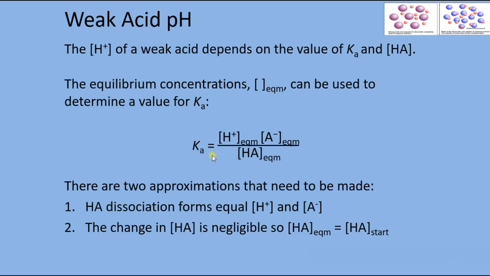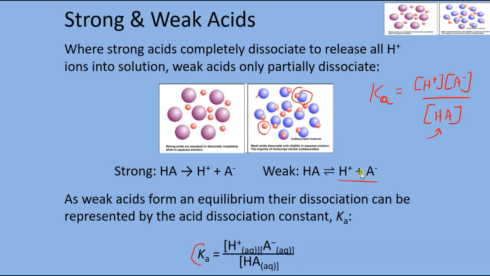Okay, this is an approximation. When we write it like this for a weak acid, we consider the HA at equilibrium. This is the equilibrium concentration of HA, right? There's going to be some of the acid dissociating. So if you're starting off with a certain number of moles of HA, at equilibrium you're going to have slightly less.